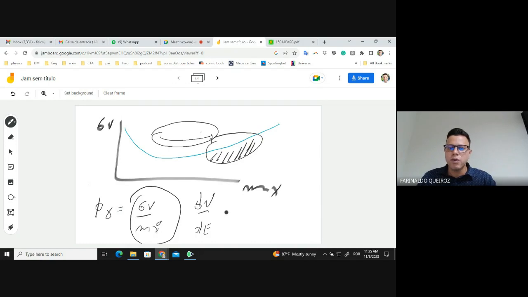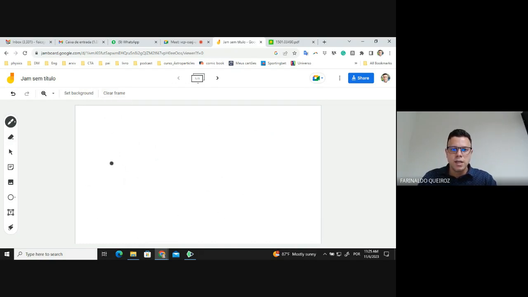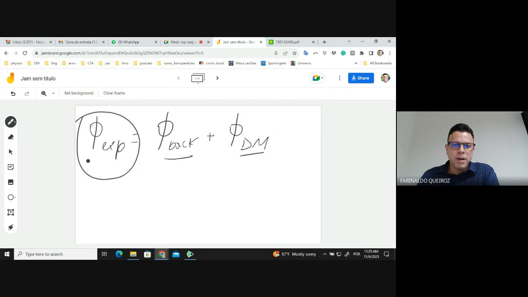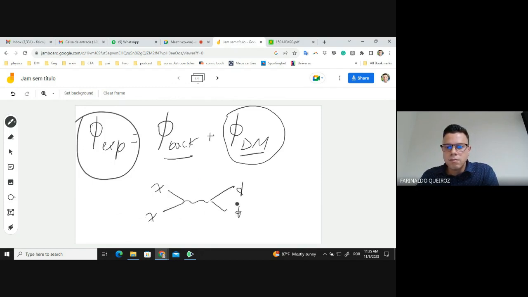And remember, everything I do in the end is this: the experimental limit is phi from the experimental data, phi from background, and phi from dark matter. This I have to obey no matter what. But the fewer gamma rays I produce, the weaker the constraint, right? And the only thing I did was going from this channel to the other one.